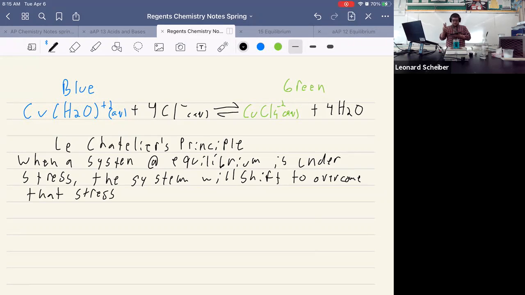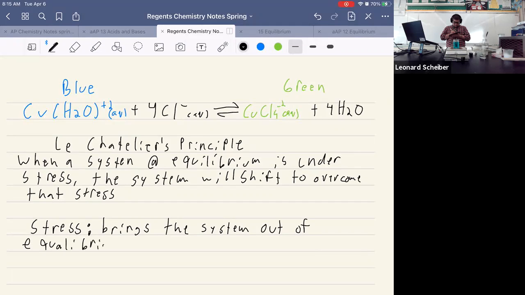Right? So this kind of involves two things. There are two changes. There's going to be a stress, and the stress always brings the system out of equilibrium. And then the shift, which always comes after the stress.